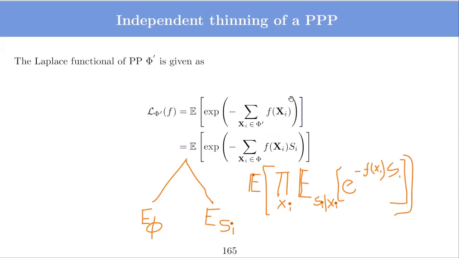Okay, and now we know that this summation can also be written in terms of summation over phi by introducing S_i. So if I take summation over all points f(X_i) S_i, the two are the same because whenever X_i in phi dash, it comes from X_i in phi only, and whenever S_i is 1, only those points are kept, which will be in phi dash.